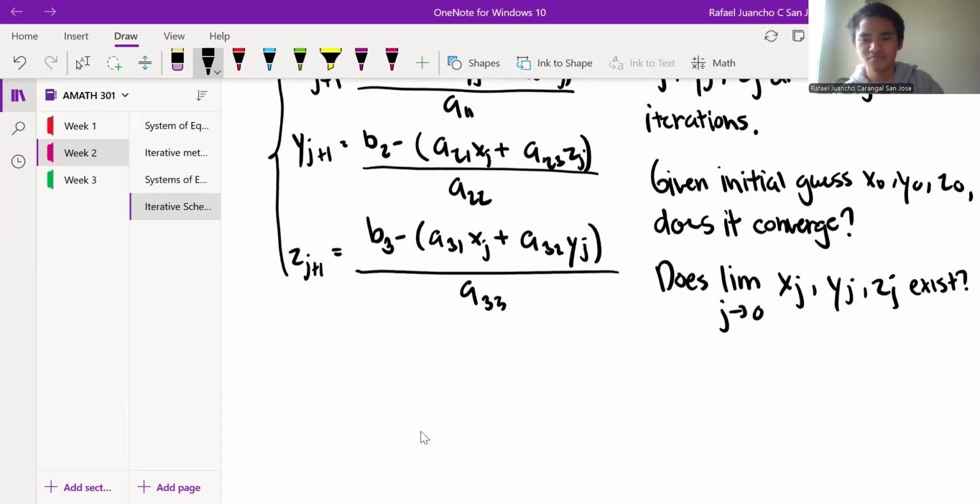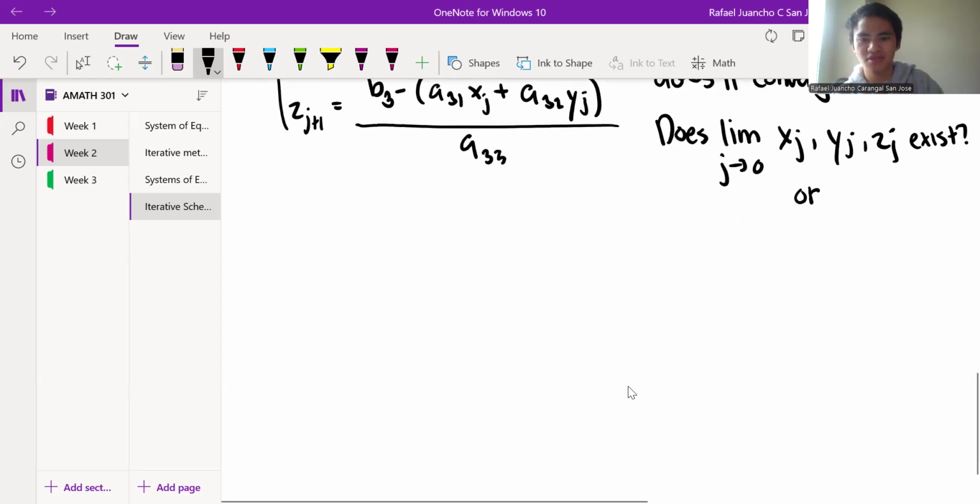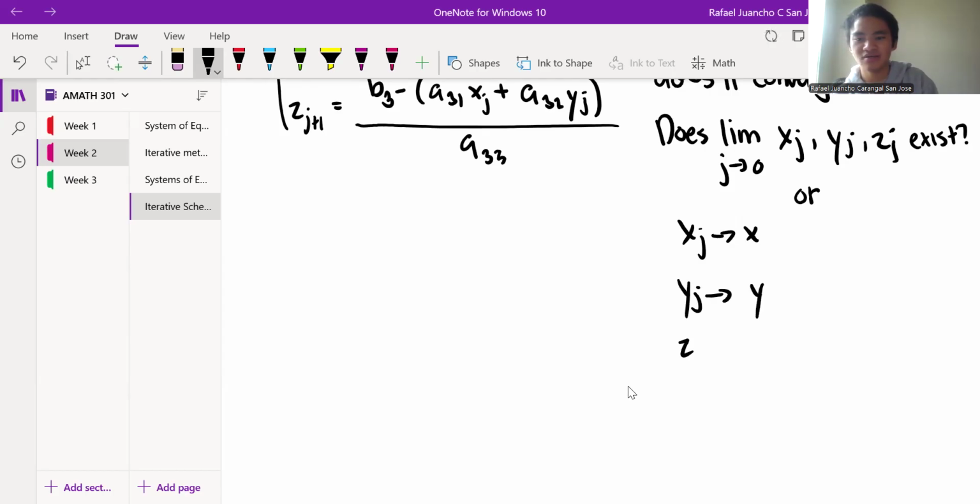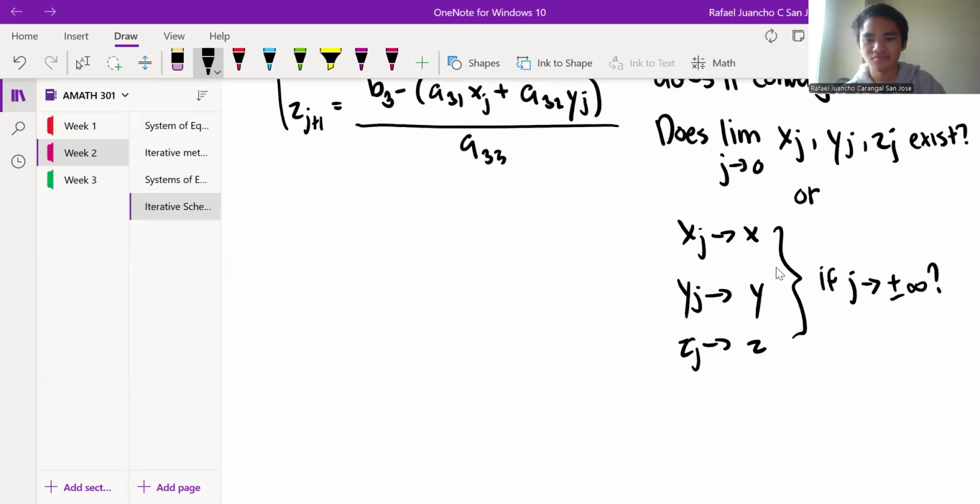Or it doesn't exist, meaning as xj goes to x, as yj goes to y, as zj goes to z, and as j goes to infinity, whether that's positive or negative. Let me just make this precise. So these are questions that we want to answer.